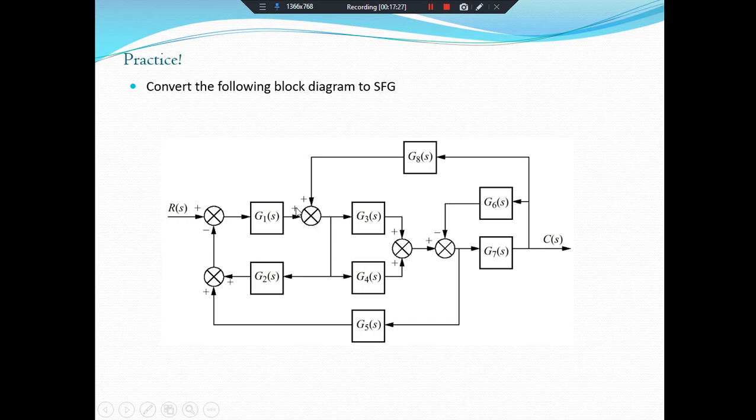So you can write the output of each. This is R of S. You can write here X1 of S, X2 of S, X3, X4, X5, X6, X7, X8, X9, and for each signal you will draw the nodes, and then you will convert all these systems into branches, and you will write the gain of the system on top of the branch, and you will show the direction of signal by putting the arrow, either from input to output side or output to input side.